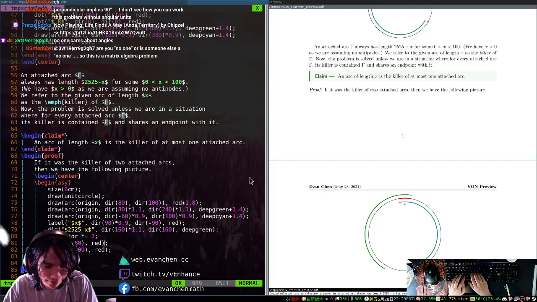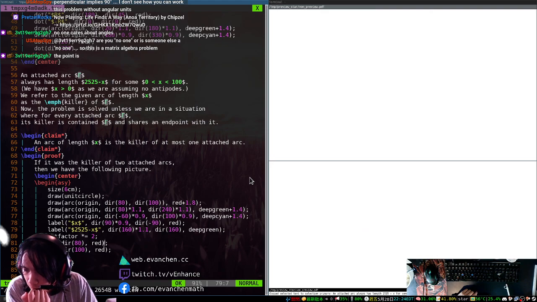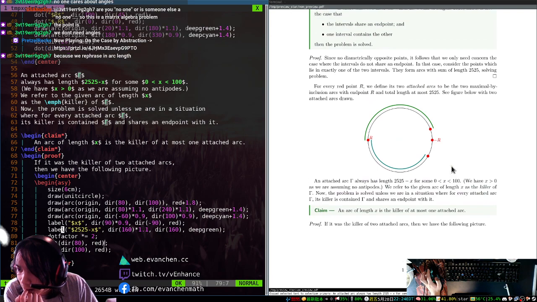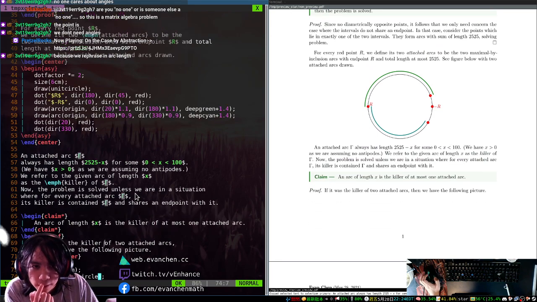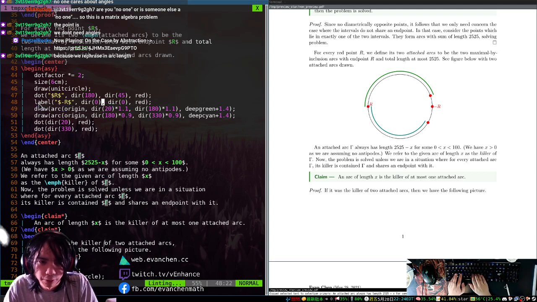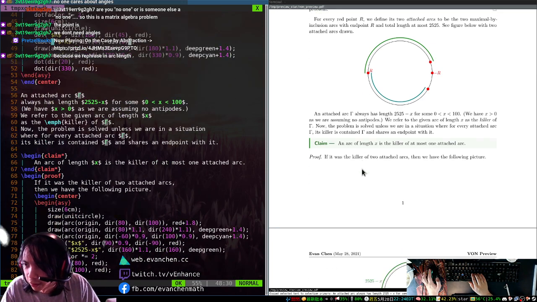Oh shoot, that was stupid. That should be label. So this one shouldn't be a dot at all, because that point we pretend is not there. That is not a red point.